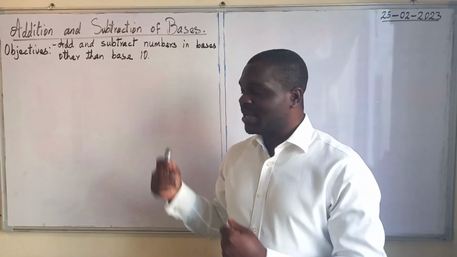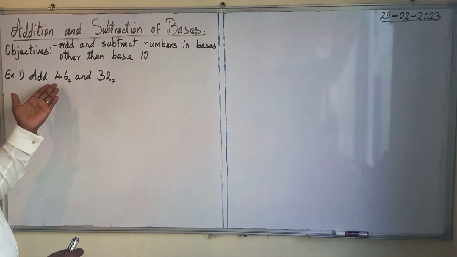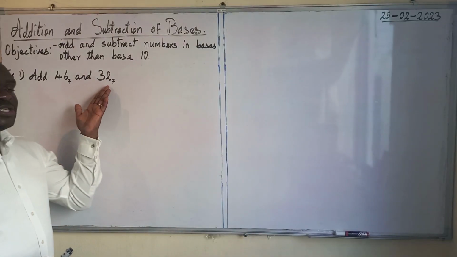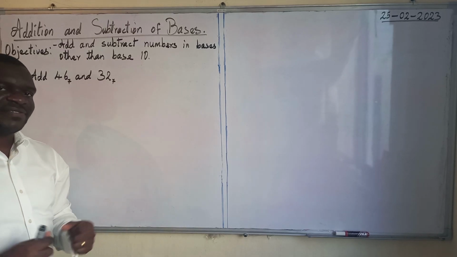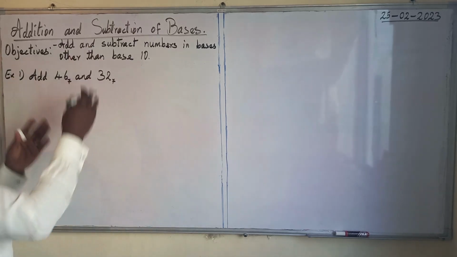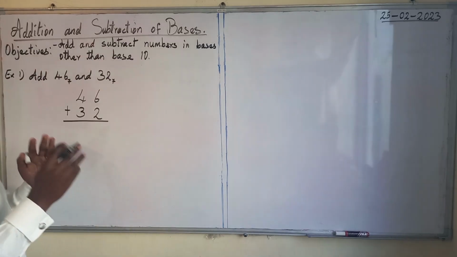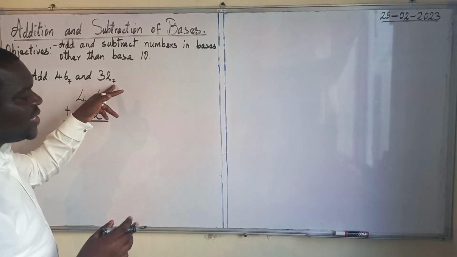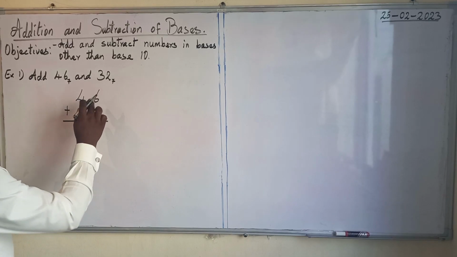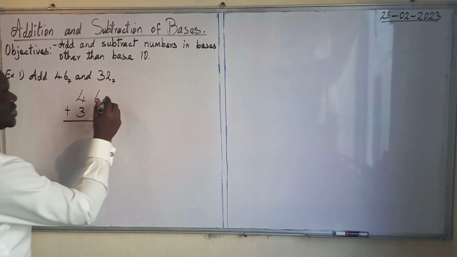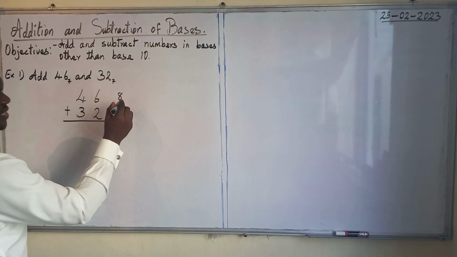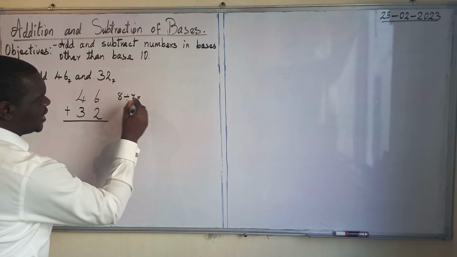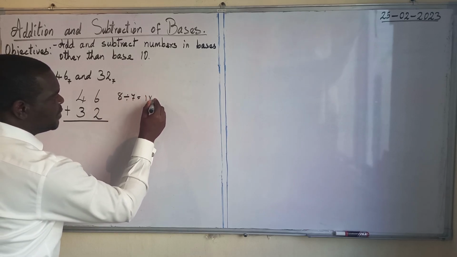Our first example is to add 46 and 32, all in base 7. You simply place the numbers vertically. Remember, we are operating in base 7. So it will be 6 plus 2, which is 8. 8 is more than 7. We divide by 7, and the answer is 1 remainder 1.